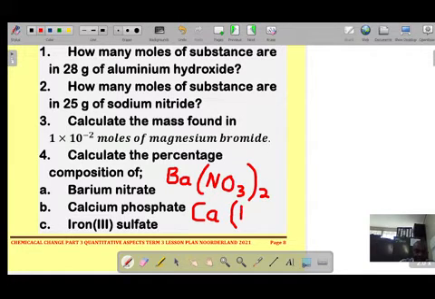This is PO4, then close bracket again. Now calcium, like barium, is also in group 2, so I'm going to put a 2 here. And then phosphate has got 3 minus, so maybe 3 here.